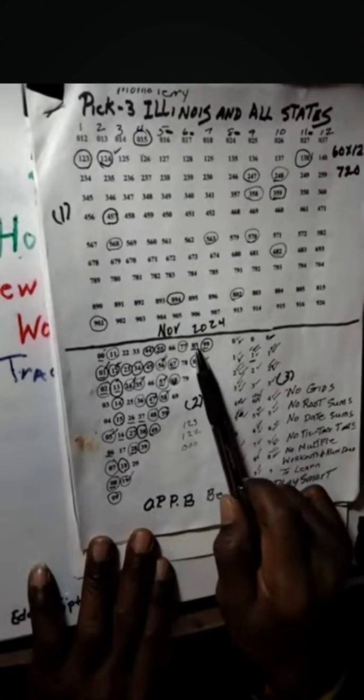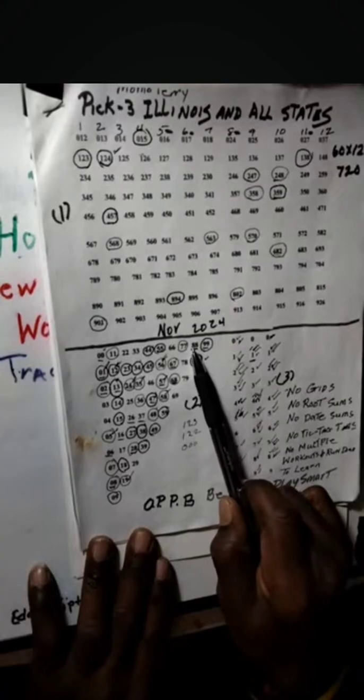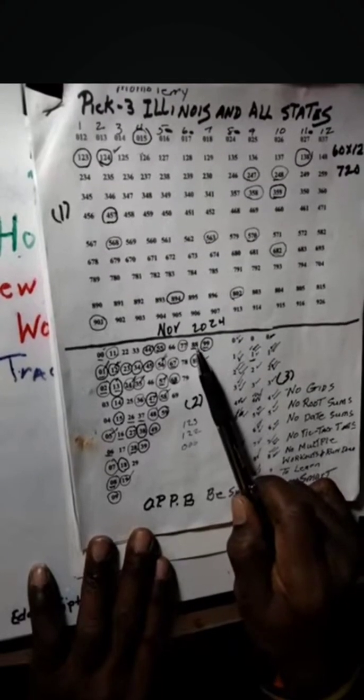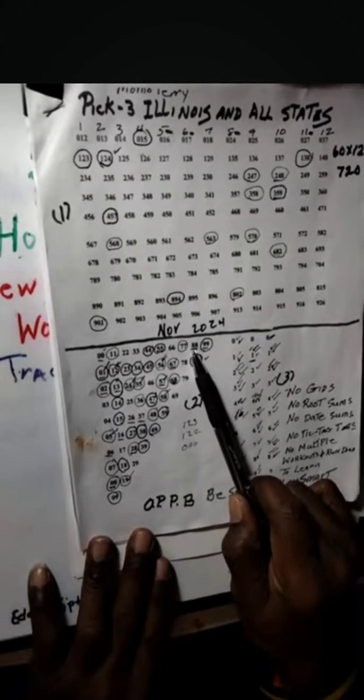But in Illinois, I realized that, and I know from tracking the actual data, that a front pair ain't failed all year in Illinois. All year. See what I'm saying? So if you play anything with an 8 on the front of that number, it ain't failed all year.